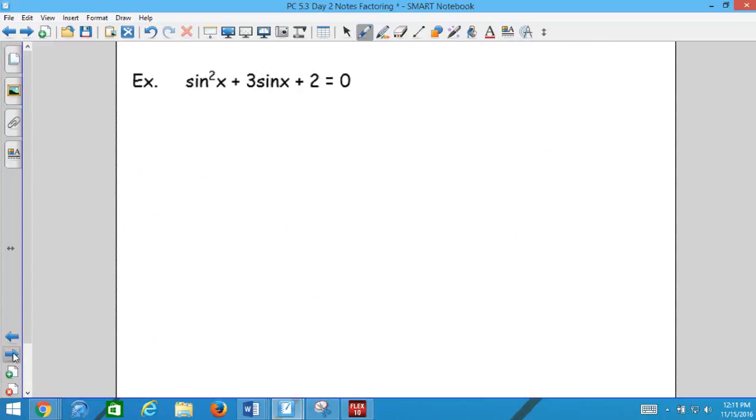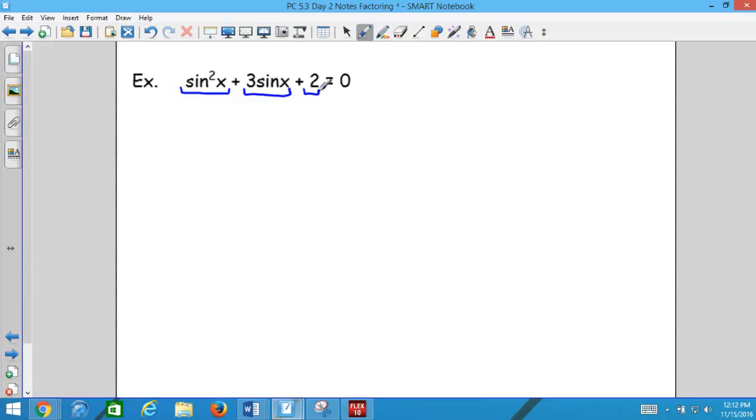Sin x squared plus 3 sin x plus 2. So this is a what kind of polynomial? How many terms? Trinomial. Is there a greatest common factor? Nope. Not in all 3 terms. So then what way do we normally factor a trinomial?